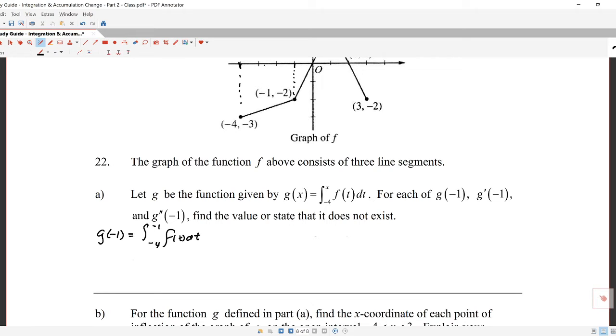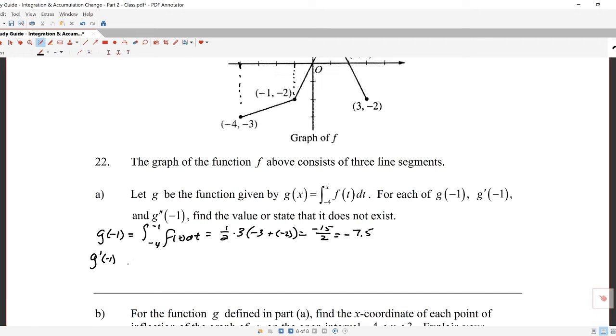So it's going to be 1/2 the height, which will be 3, times the sum of the bases, which are -2 and -3. So 1/2 times the height times the sum of the bases. -2 and -3 gives us -5, times 3 is -15 over 2, or -7.5. Just checking to make sure this is below the x-axis, so a negative area is what we want.